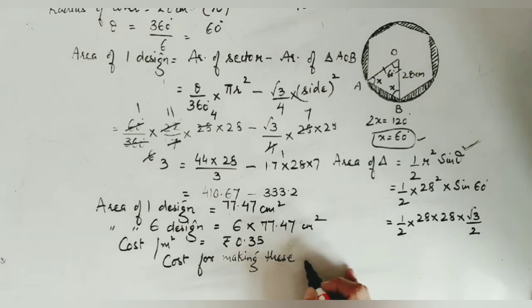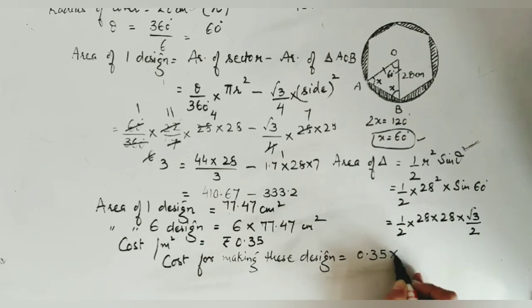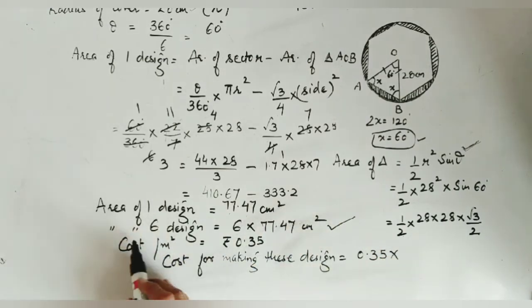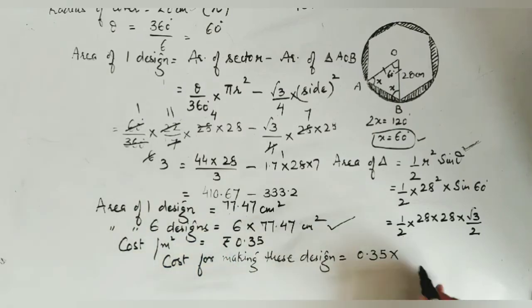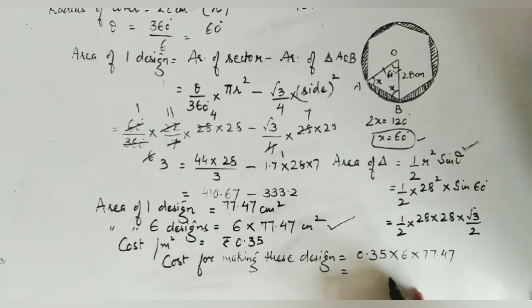Now just multiply 0.35 with the area of 6 designs. And hence in rupees it would be 162.68 approximately. I believe it is clear to everybody.